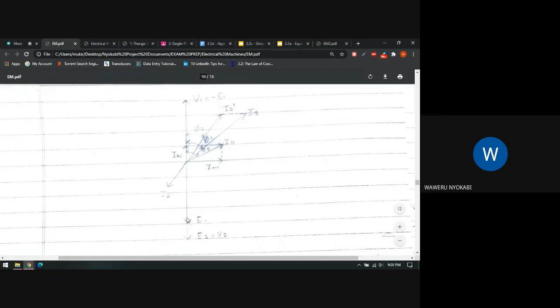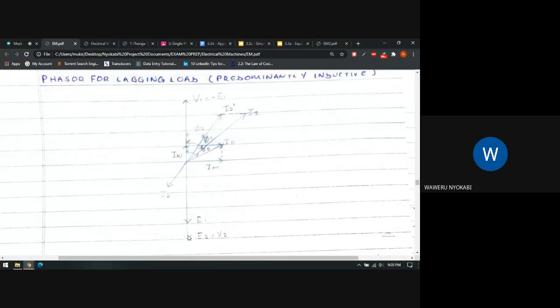There's now E2, which is greater in magnitude because we are assuming the turns ratio, E2 over E1, is greater than 1. So E2 has a larger magnitude, and at this point E2 is equal to V2. Then we touch this current here, I0.